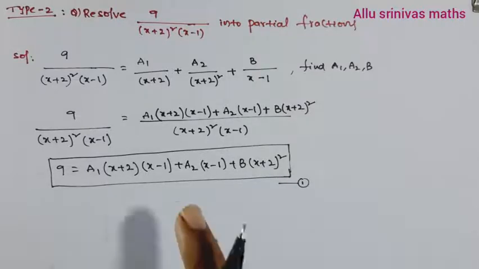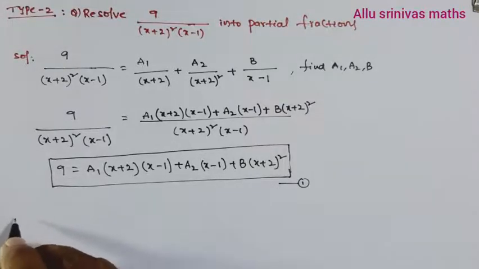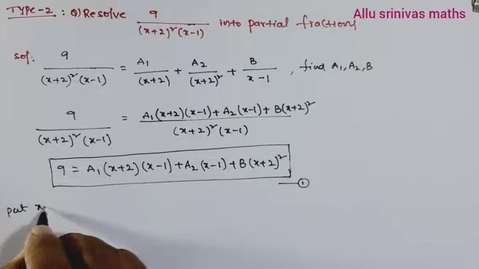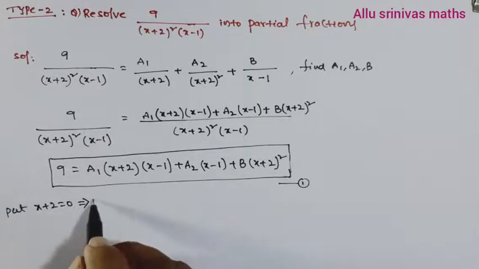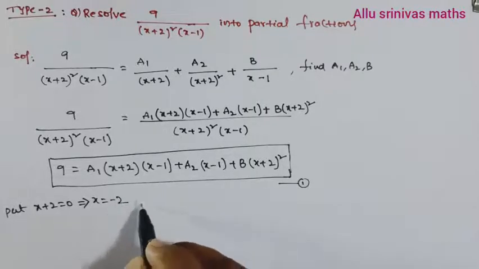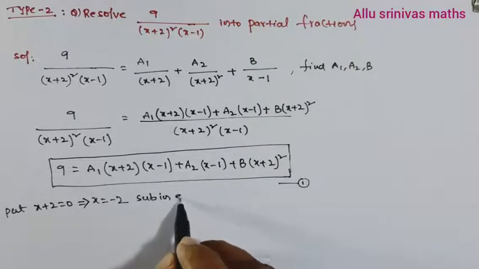Let us substitute x plus 2 equal to 0. Put x plus 2 equal to 0, and then plus 2 sent to the RHS side, x equal to minus 2. Substitute in equation 1.